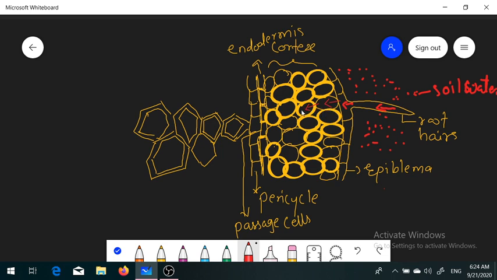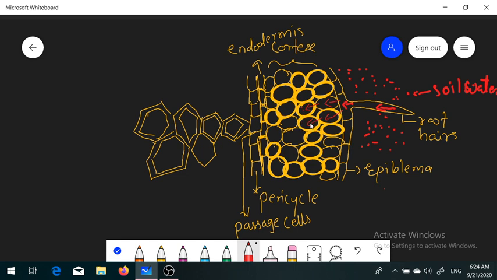Then from this cell, the water moves to the adjacent cell. These adjacent cells again have high osmotic pressure, high suction pressure and high diffusion pressure deficit, and they absorb the water.